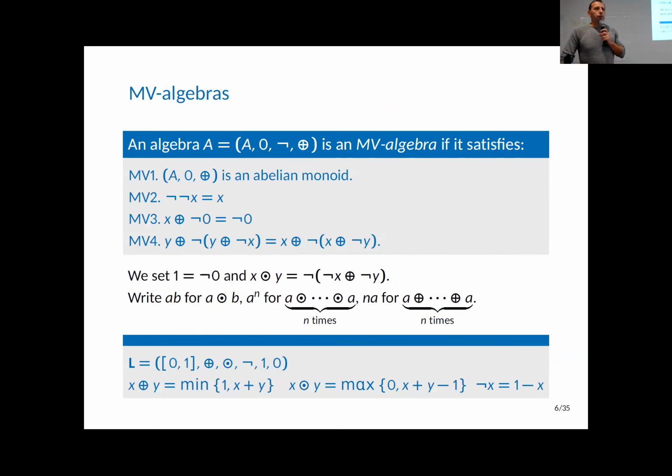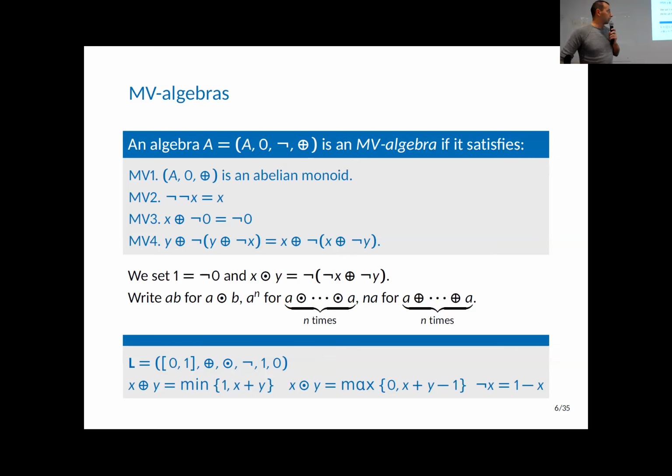I assume some knowledge of MV algebras because the main tools I will be discussing are based on Lukasiewicz logic and its appropriate algebraic systems, which are MV algebras. Basically, they are probably the most famous generalizations of two-valued Boolean algebras, and here we have truth values on the 0-1 interval.